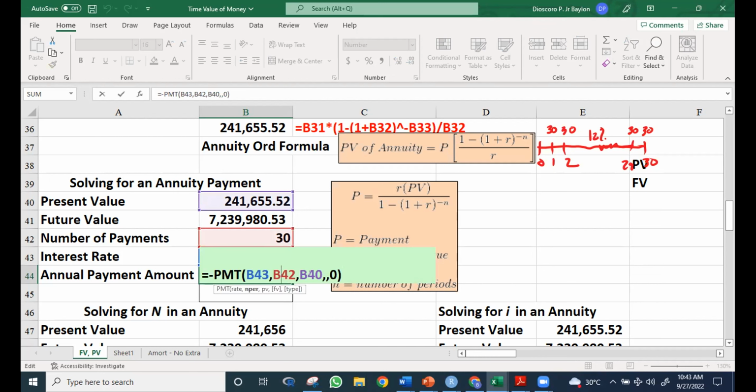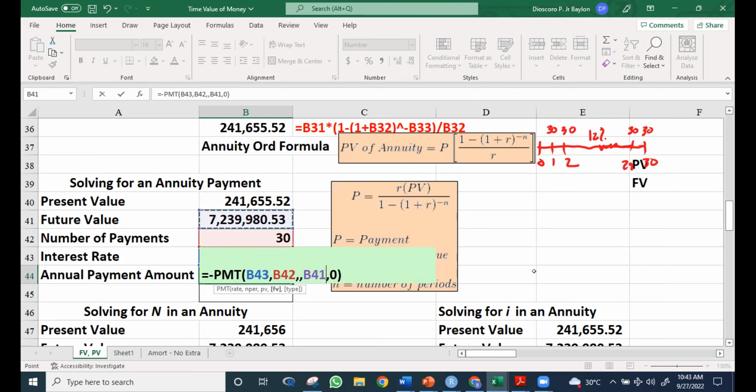So here I use the present value. What if I use the future value? So I'll remove this, delete, delete, and then use the future value instead. A future value is 7,239. There. Okay, remember, guys, you cannot use both, no?